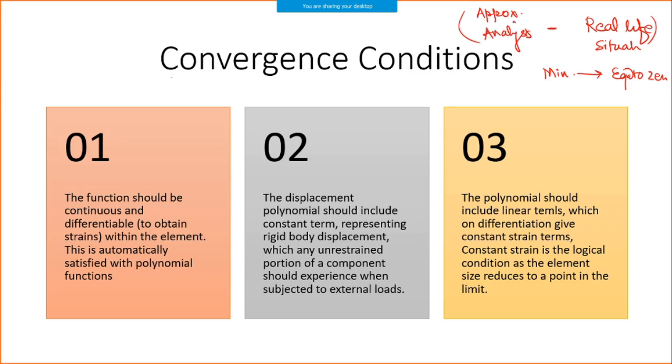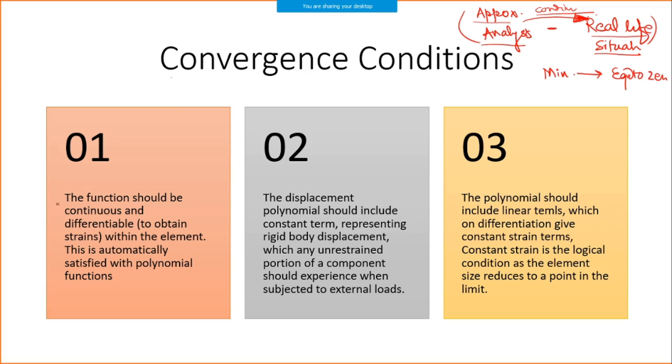What are you going to converge? You started with an approximation, you have some real life situation, and you are moving from approximation to real life. During this convergence, you need to have certain conditions. How will this convergence condition be useful?